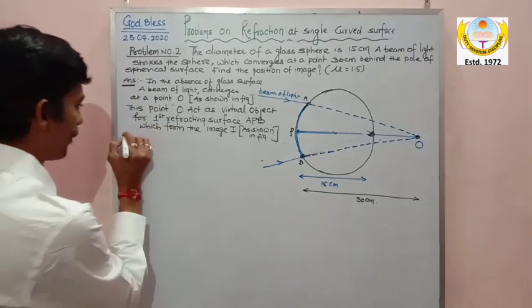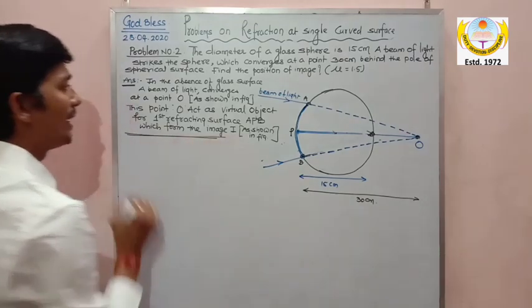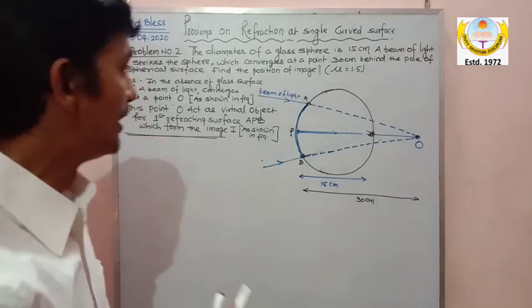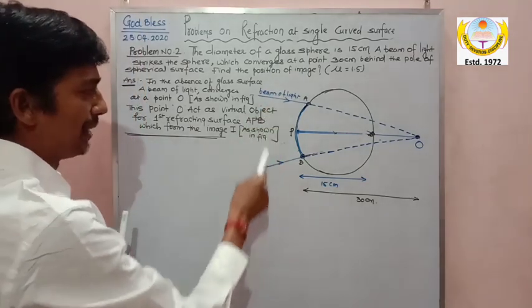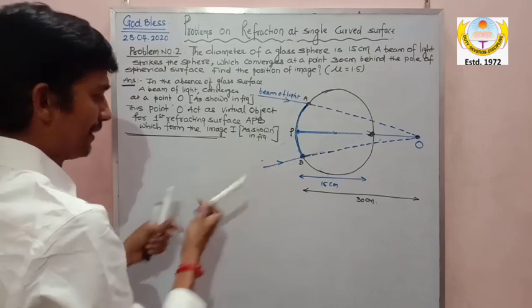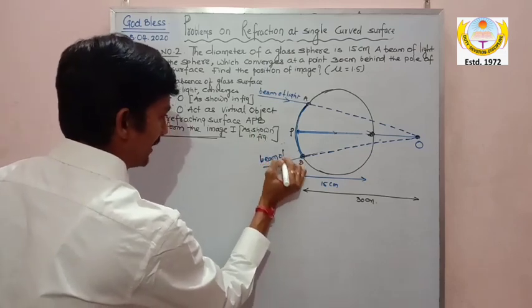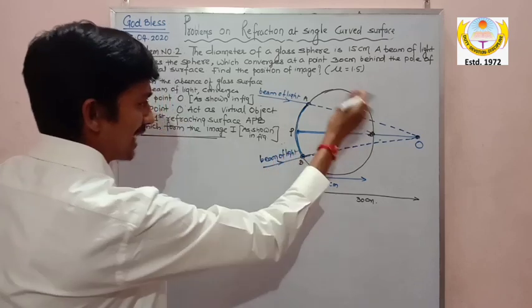Now let us apply the formula. To apply the formula, you all know we must see where the light is coming from. Light is coming from the rarer medium. You can see here, this is a beam of light coming from the rarer medium, and this is a glass surface.